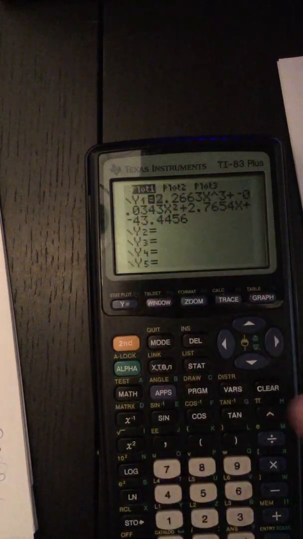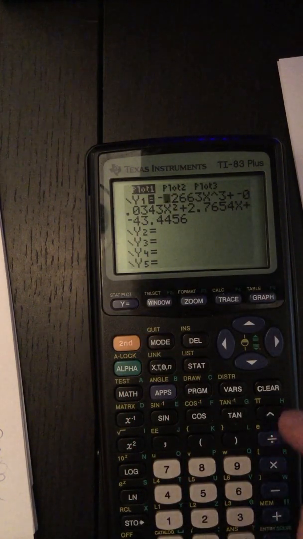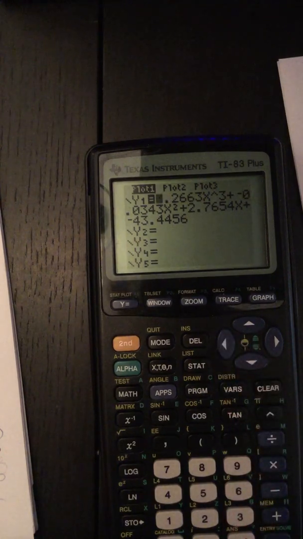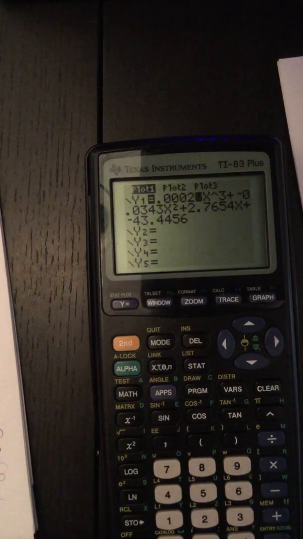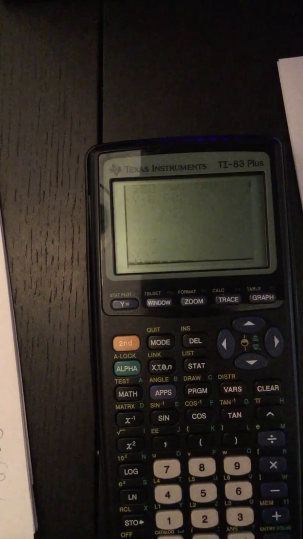So that's going to change here. This is going to be negative. Oh, not negative, sorry. It's going to be 0.0002. We'll just put 23, because of rounding. We probably don't even need it that much. It's going to make a difference.